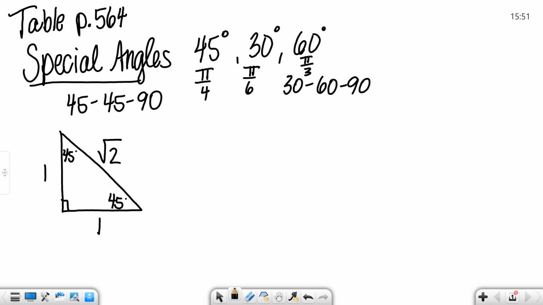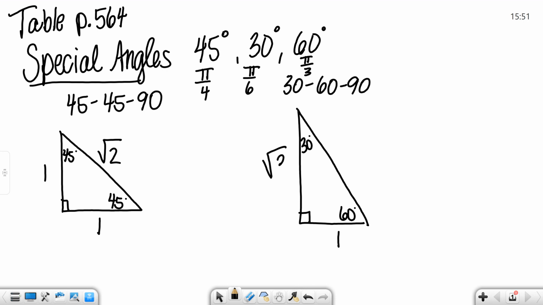In a 45, 45, 90 triangle, our legs are both 1, and our hypotenuse is the square root of 2. In our 30, 60, 90 triangle, our legs are 1 and the square root of 3, and our hypotenuse is 2.